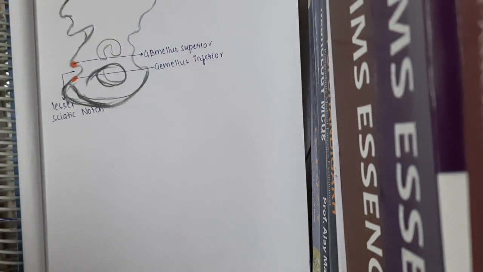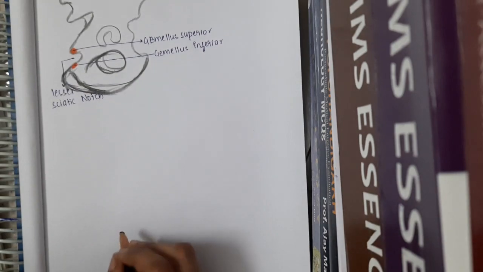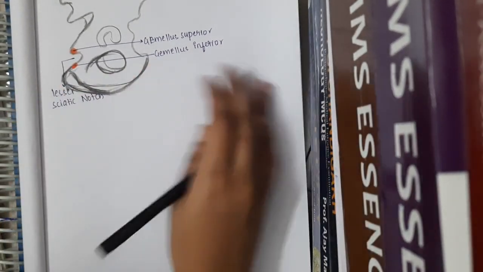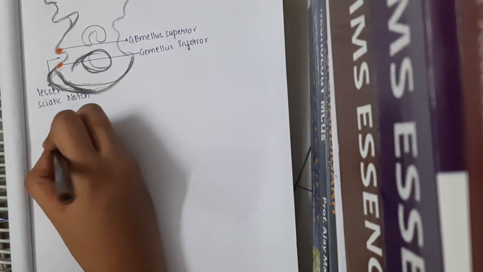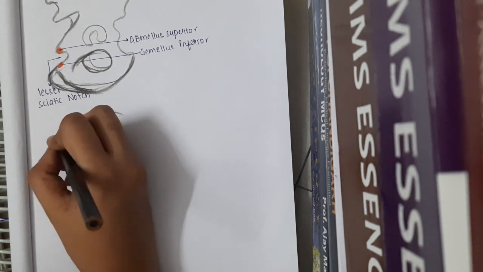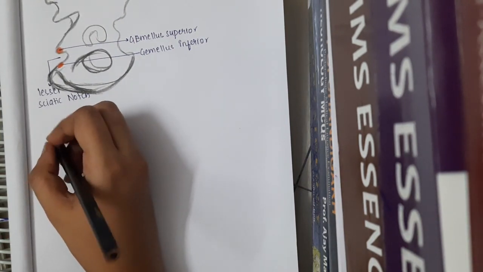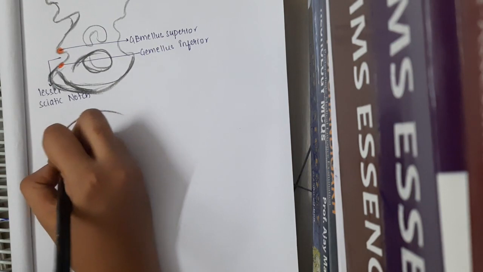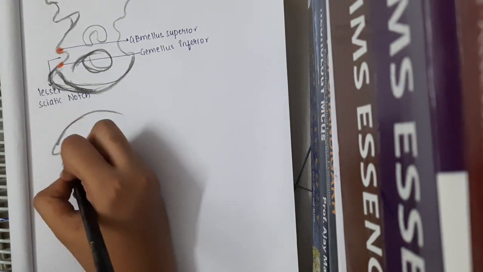I'll draw the second. In the surfaces you have three surfaces actually: the femoral surface, the dorsal surface, and the pelvic surface for the body of the ischium. First we will see the first surface. Let me first draw the two. Both I'll draw here one after the other.